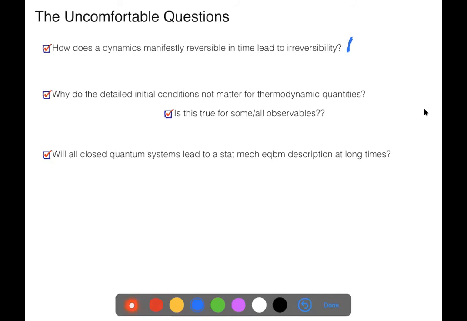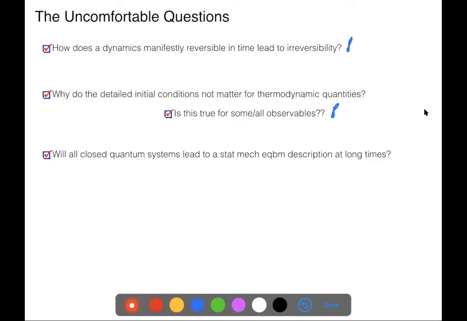So the other question is, why do the detailed initial conditions not matter for thermodynamic quantities? In other cases, when we just looked at dynamics, very detailed initial conditions mattered. You can ask, is this true for all quantities or is it true for some observables?